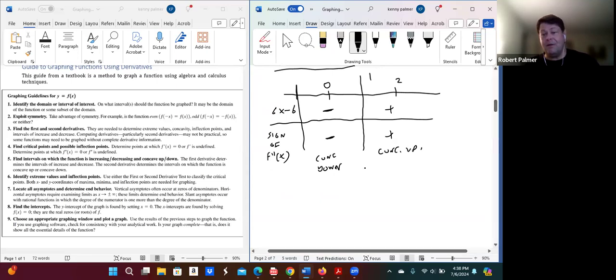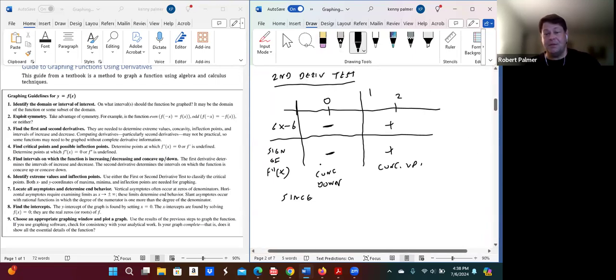And the second derivative test tells us that if this is a critical value right here at 0 and it's concave down, this is a local maximum, which is what we found in the first derivative test. And since it's concave up at this critical value, that's a local minimum. Of course, we already know that.